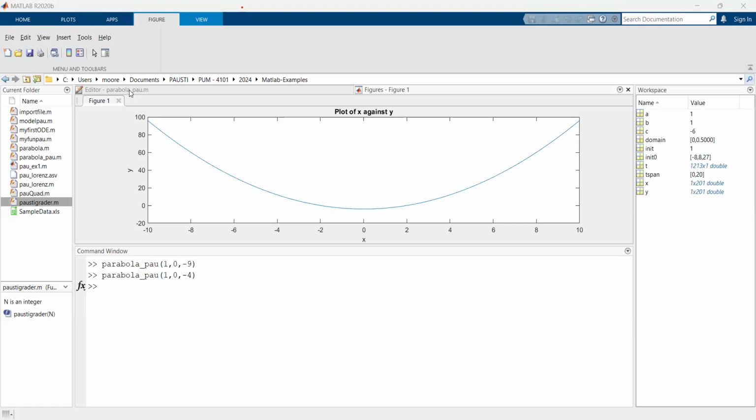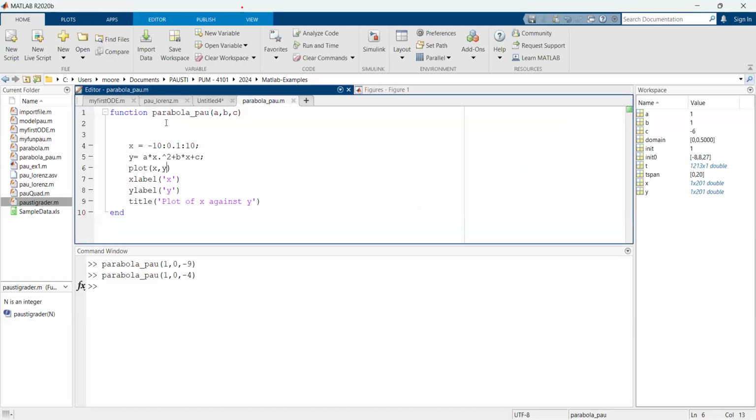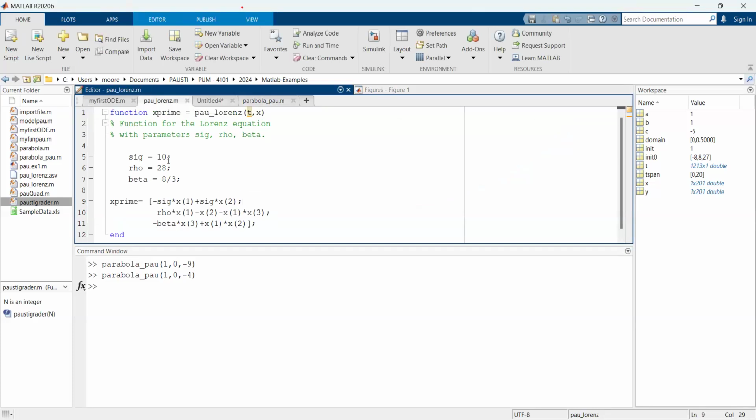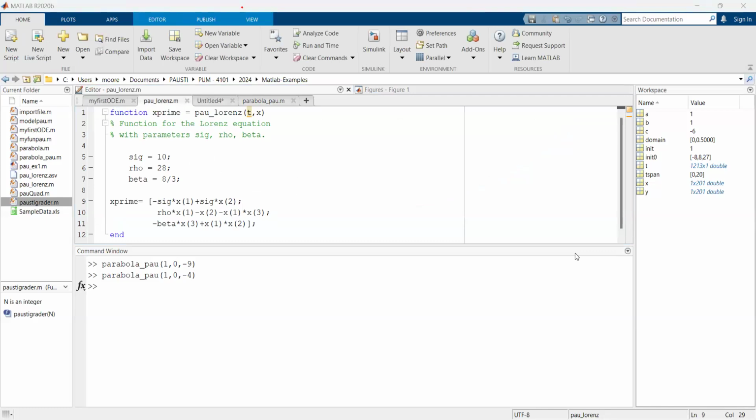There are other functions as well that you can do. So for instance, if we come here, we can do the Lorentz function, right? And now this is an ODE. The Lorentz function basically consists of, let me call it the x, right? The dx dt for equation 1 to be minus sigma x plus sigma y.